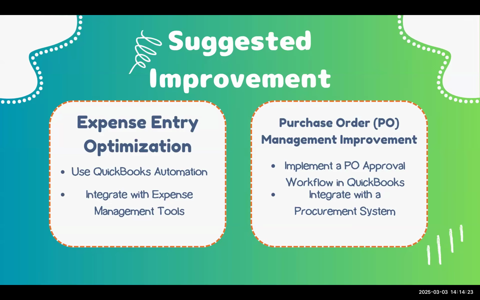Additionally, we can set up pre-approved vendor rules so the smaller purchases are automatically approved without unnecessary delays. If QuickBooks alone is not enough, we can also integrate a dedicated procurement system like Procurify.